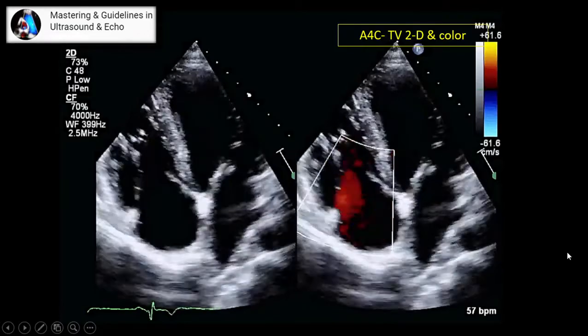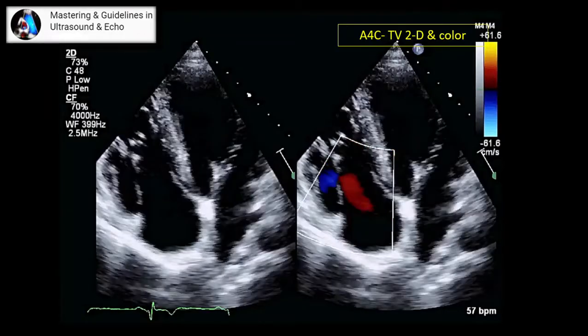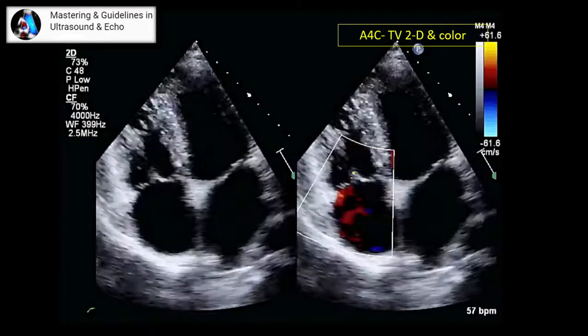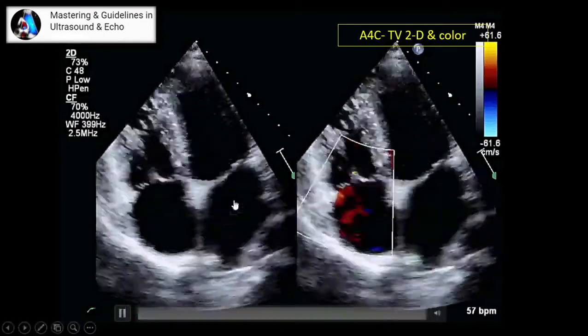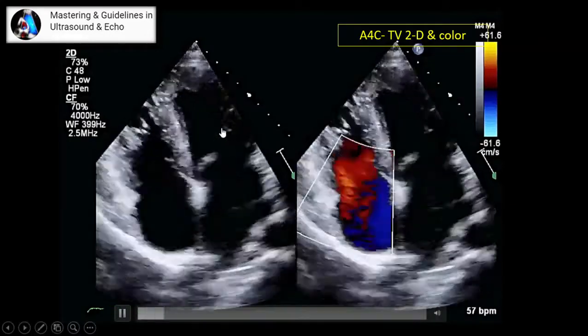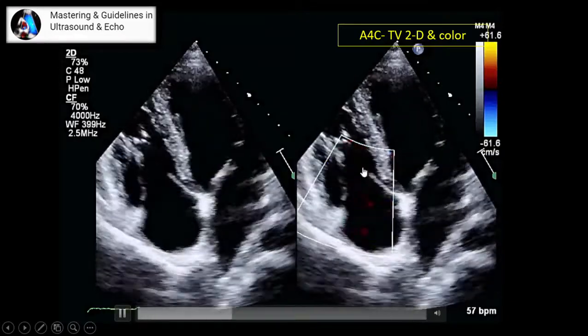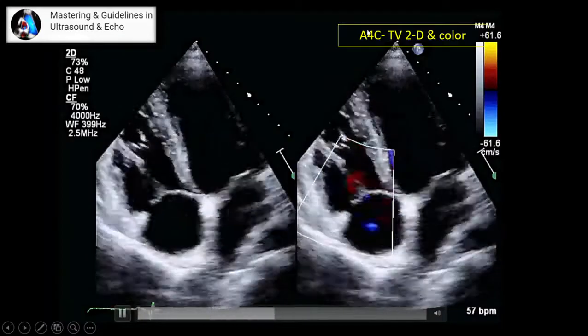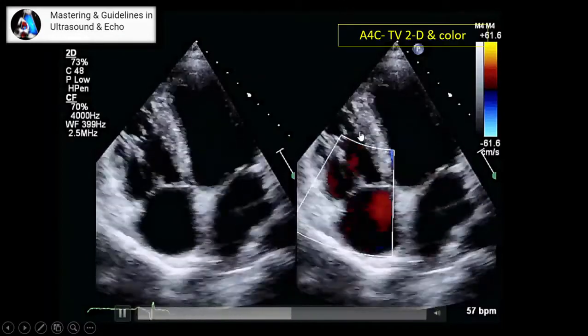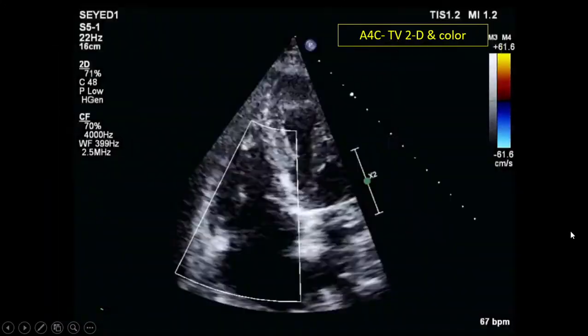After evaluation of the right ventricular dimension, we go for the tricuspid valve on the apical, RV focused view. We put on color. If we can get a color jet and our cursor can be parallel to the jet, that will be fine, we do it.